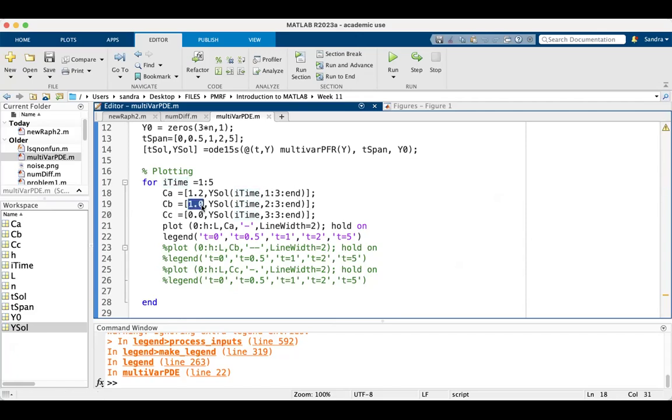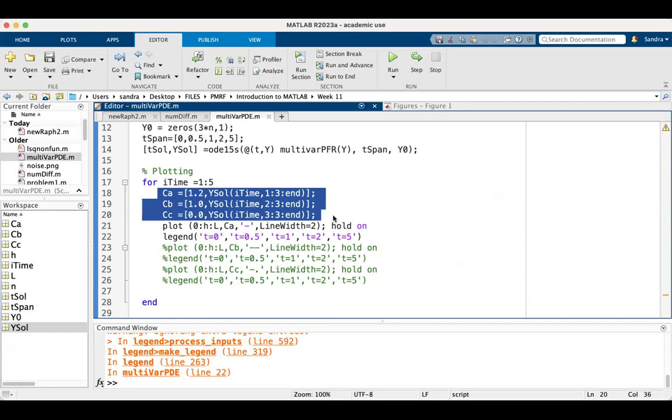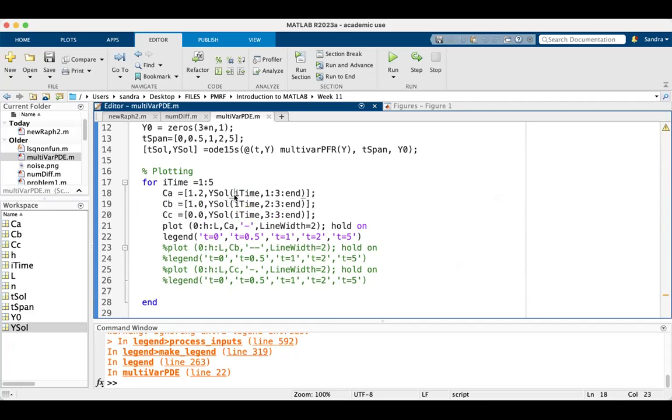For C also, this is your starting value. This is your time, and this will be 2 to end with a step size of 3, and the next will be third index to end with a step size of 3. So this will give you all CAs. The time index will give you the row corresponding to a specific time. So you're telling which row number and which all columns to extract to get CA. This will tell you which row number, that is with what time you want, and give the corresponding CBs.